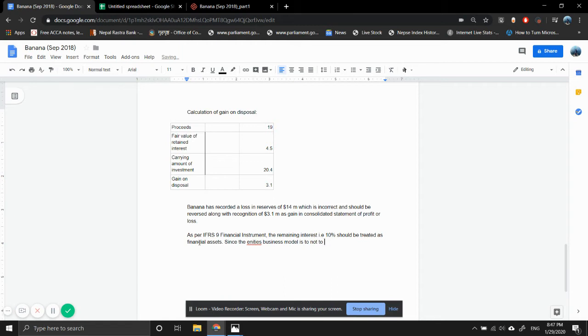It is not to trade in the short term, but rather to hold it for a longer period, in the long run.